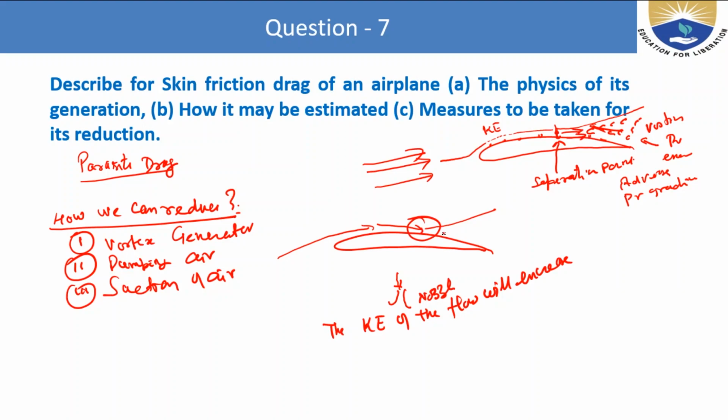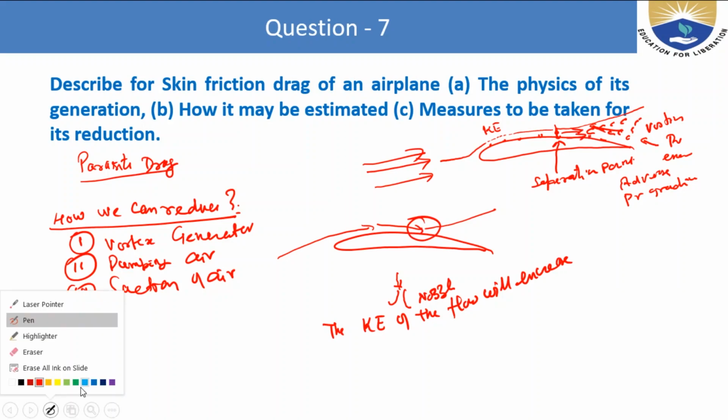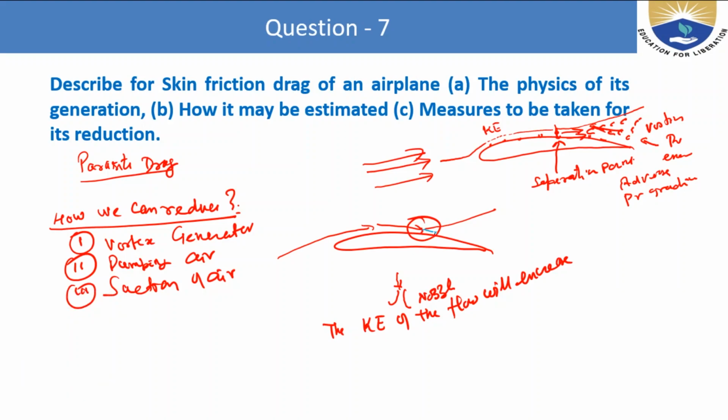So now the flow will go up to here. So this much more wing is used for lift generation, and drag will reduce.